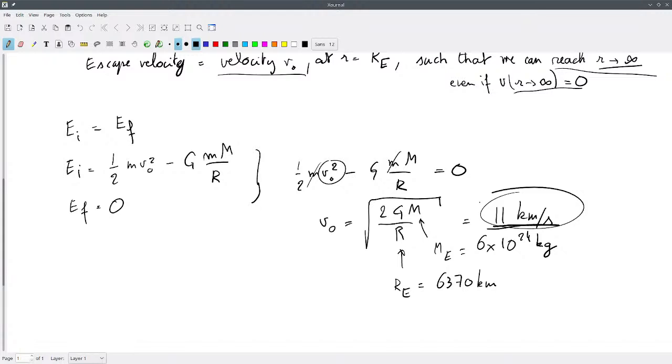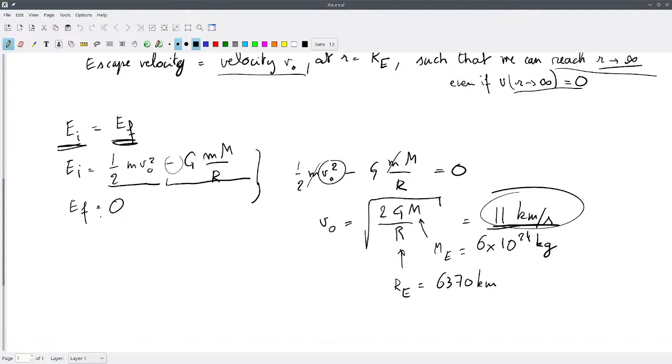Naturally, you need a bigger rocket to get to this velocity with a larger mass, because you'll need more force. Just as a reminder, the way we're doing this is we start from the initial energy and the final energy, which should be equal to each other. The initial total energy is kinetic energy plus potential energy, where the potential energy includes the minus sign in our expression.